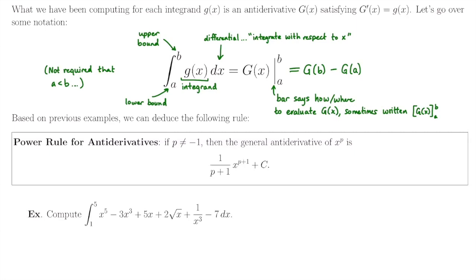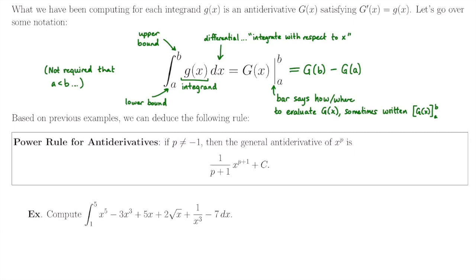Now, if you look back at the examples we've already done, we've alluded to the power rule, which says that if you have x to the p, where p is not equal to -1, then the general antiderivative of that would be x to the p plus 1 divided by p plus 1, plus a constant.